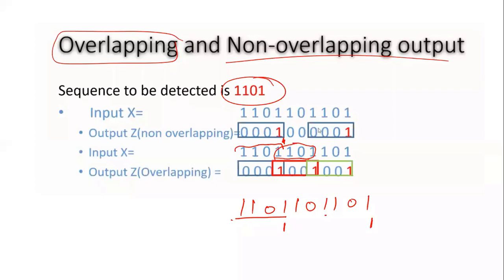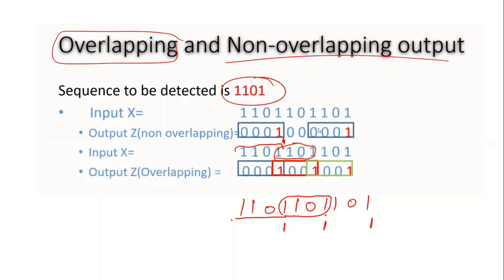This is for non-overlapping. If I am looking for overlapping, what overlapping means is that the last bit can be the bit pattern for the next subsequent sequence. So you can have this 1101, and the last one can also be part of the pattern for the next one, 1101.